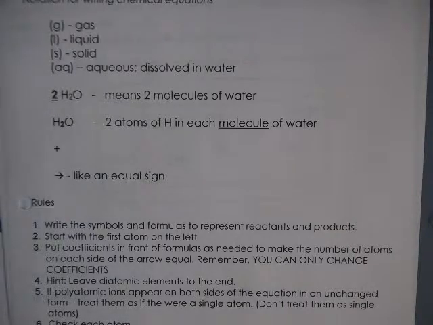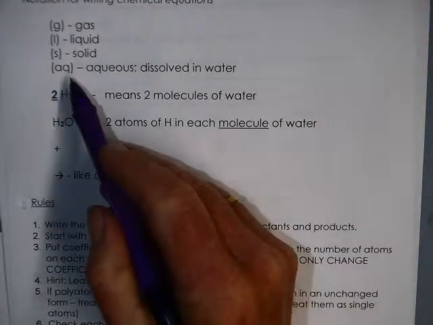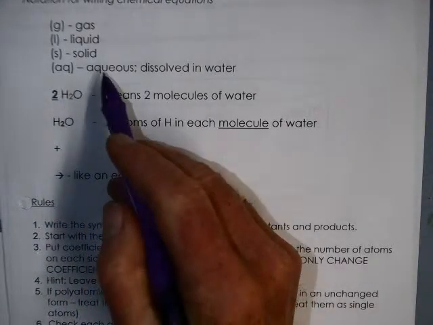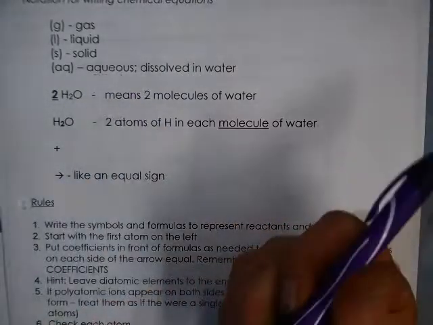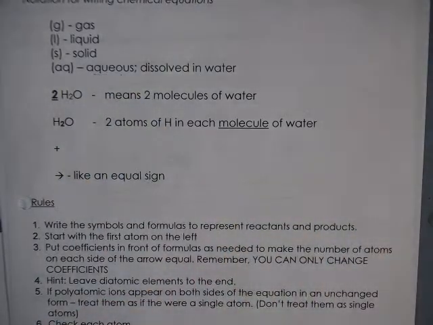So the word aquarium, and when we talk about colors, aquamarine, that aqua part is all from the Latin word aqua, which means water. So if you see AQ, the word that stands for is aqueous. And all that means is that it's dissolved in water.